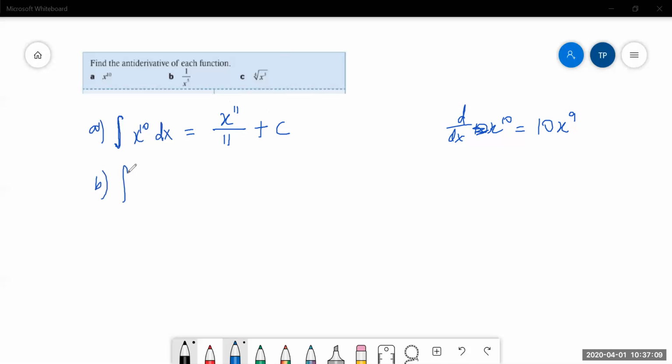So what about B? Integrate 1 over x to the power of 5. So you change it into a... Are you using the iPad? Yeah. Okay, you can write. Wait, is it x to the minus 5? Yes.